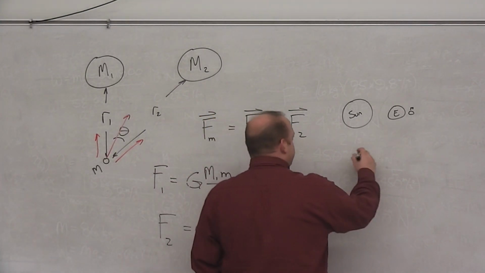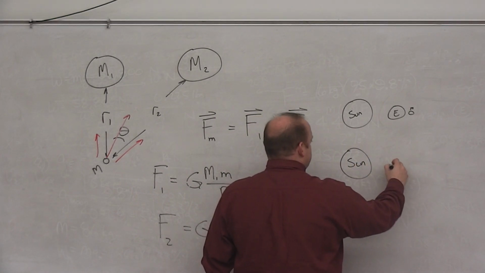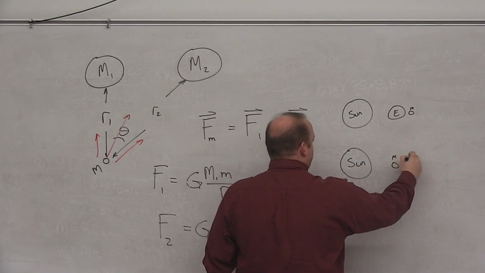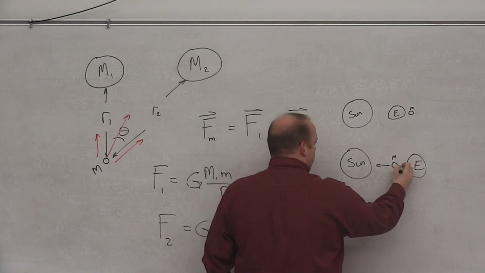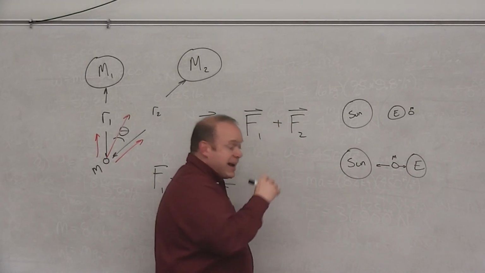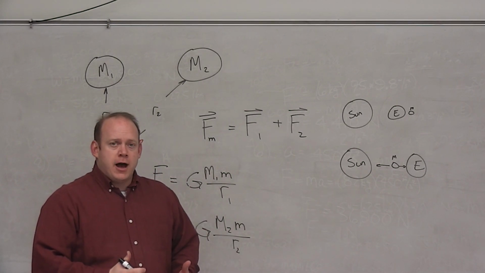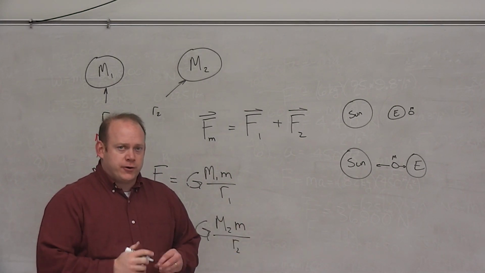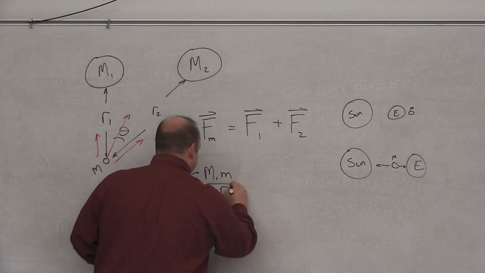We could also see situations like this: sun, moon, Earth. Sun pulls this way, Earth pulls this way. Now, the sun has a lot more mass, obviously, than the Earth, but the Earth is also significantly closer. And when you look here, we've got the r squared.